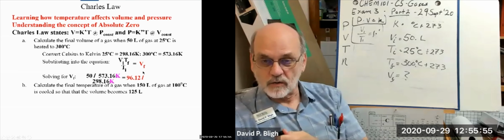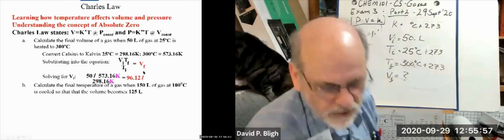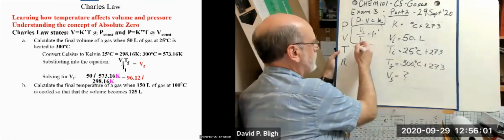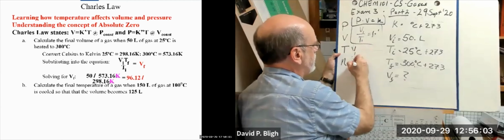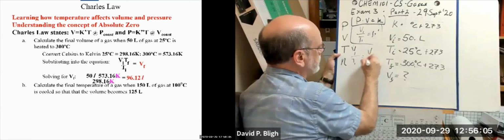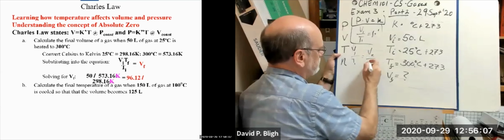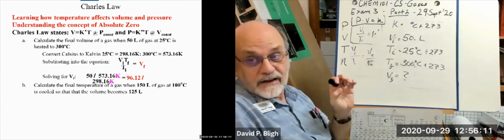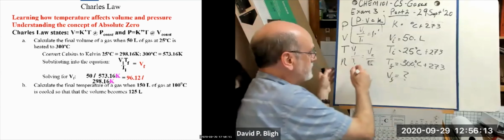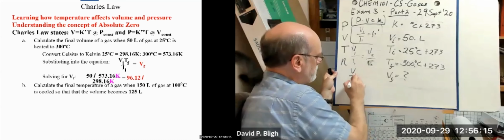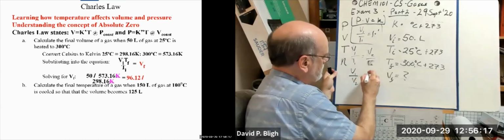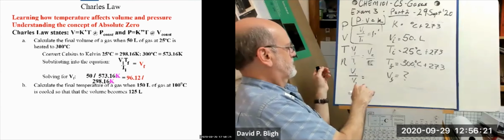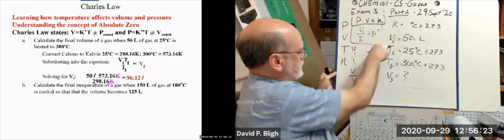But the ratio, if we were to rewrite this equation this way, V1 over T1 equals V2 over T2, and write it with volumes on one side and temperature on the other, let's see, this one goes over here, this one goes over here.